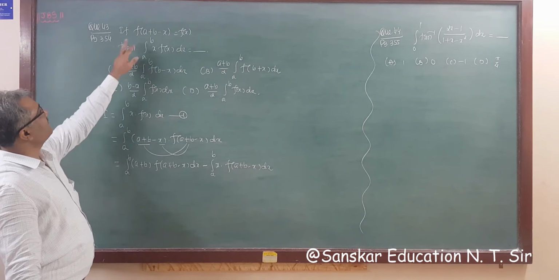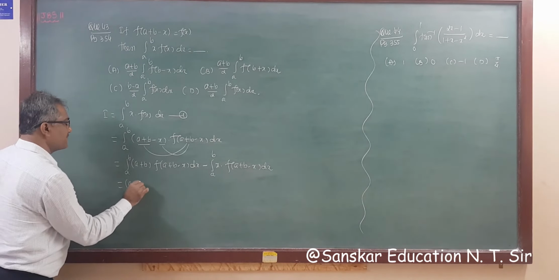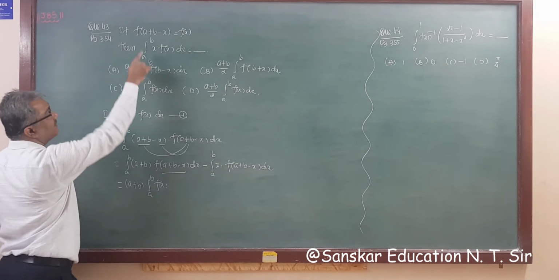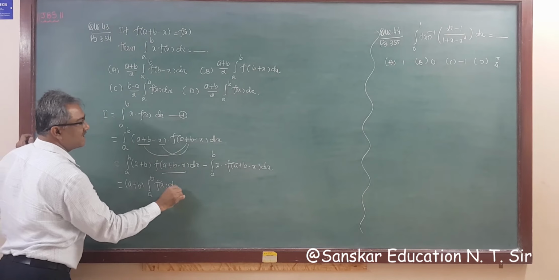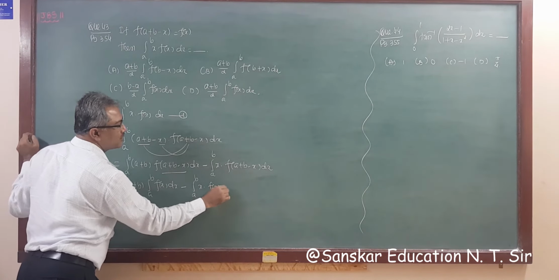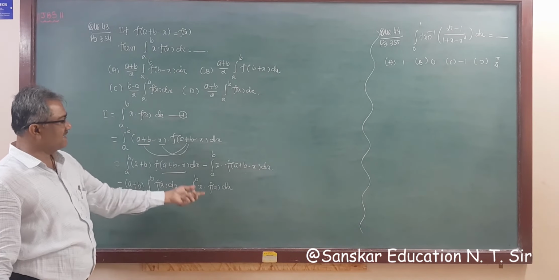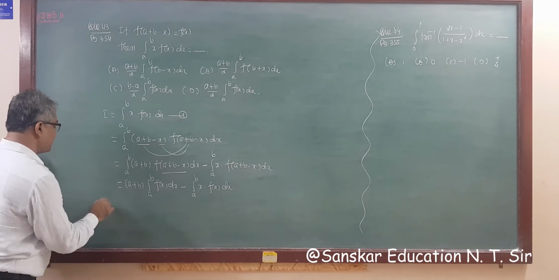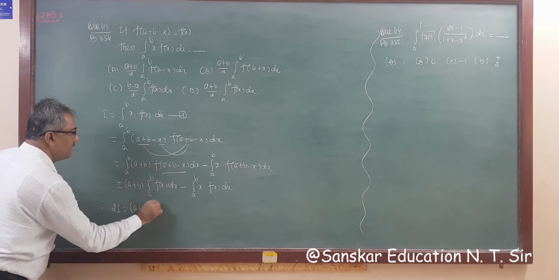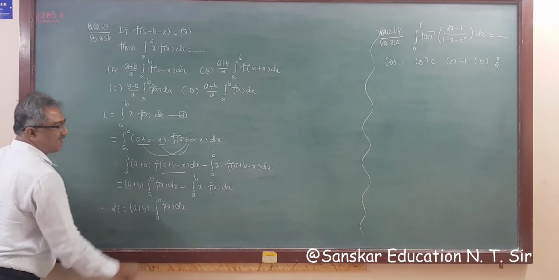Now f of a plus b minus x is f of x. So a plus b is constant, so a plus b integration a to b f x dx, minus integration a to b x into f x dx, and integration a to b x f x dx is I. So I plus I, twice I, is equal to a plus b integration a to b f x dx, right?